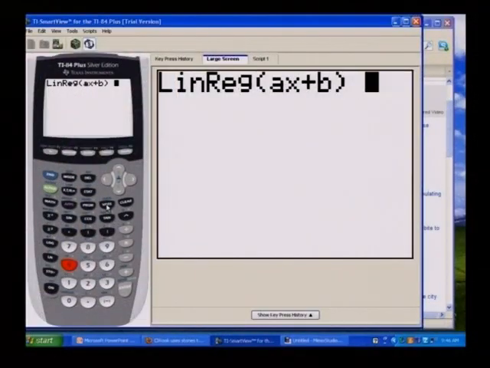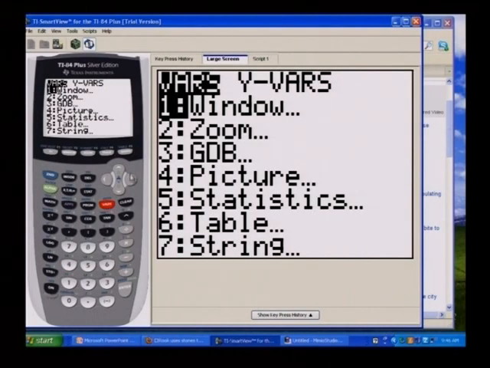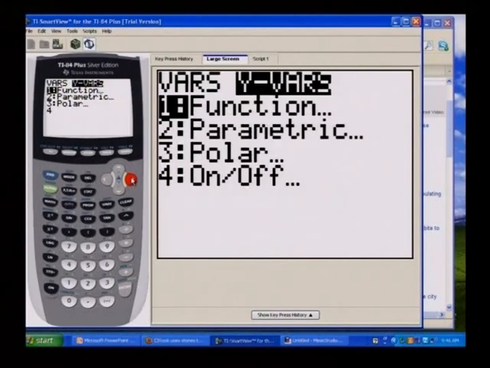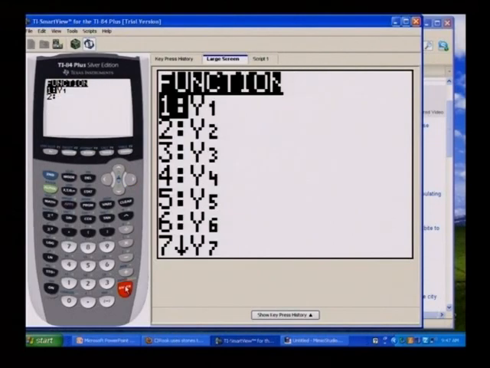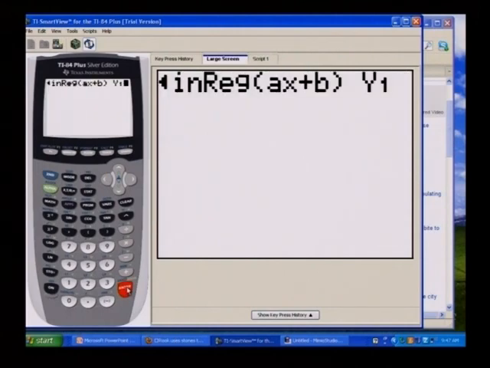If you'll select Vars, which is variables, and then slide over to Y-Vars, we're graphing a function, so number 1. Generally, I store everything in Y1 just because it's convenient, but it doesn't matter which place you choose to store it in. Enter, and then be sure you enter one more time, because right now your calculator is asking you, do you want me to run a linear regression and then store it in Y1?